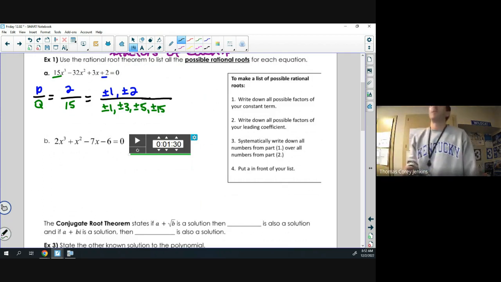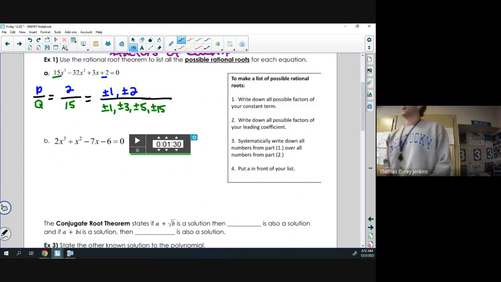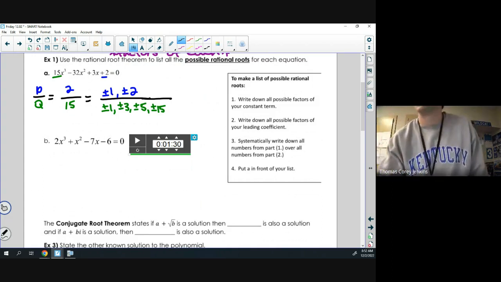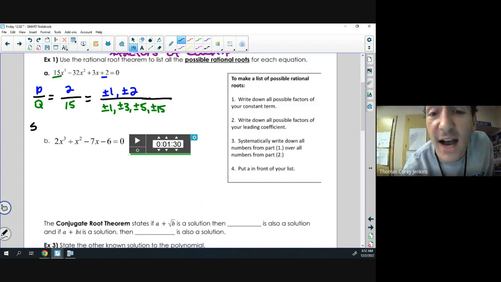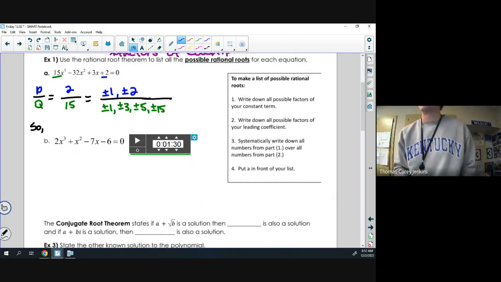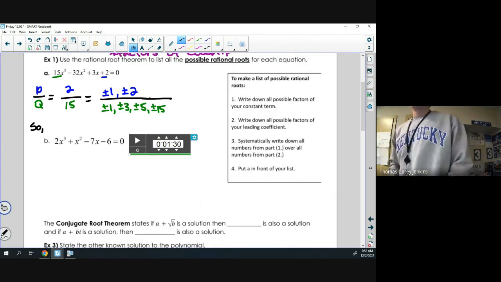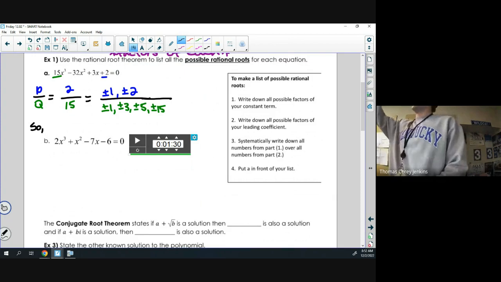All right, now, what do we do with all this? It'd be nice if we could just leave it like that, but we want to actually list these out, right? So to assign each numerator to its denominator, that's how we do it. We just go 1 over each of the bottom, 2 over each of the bottom.